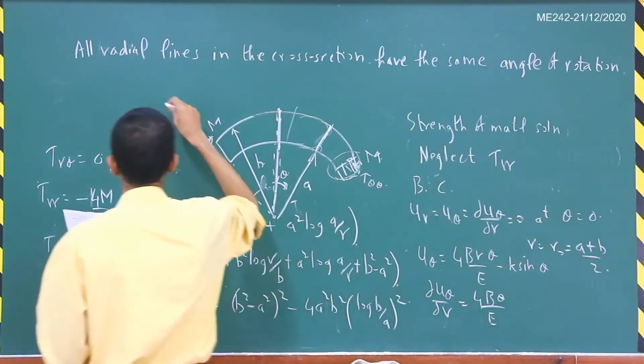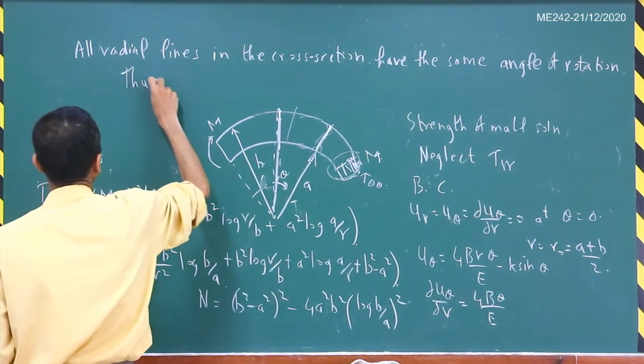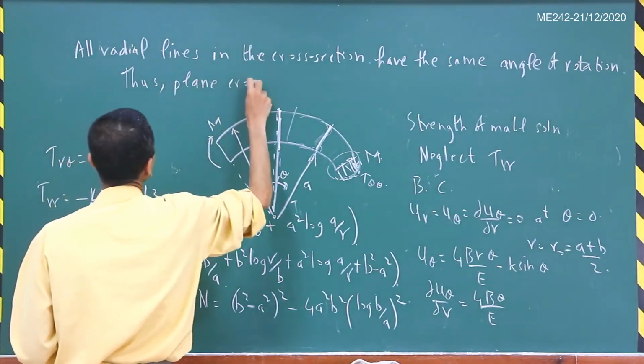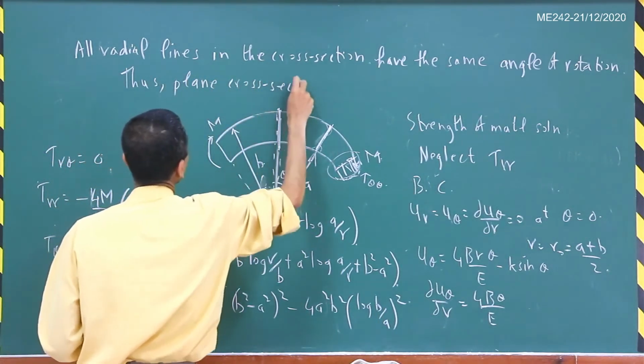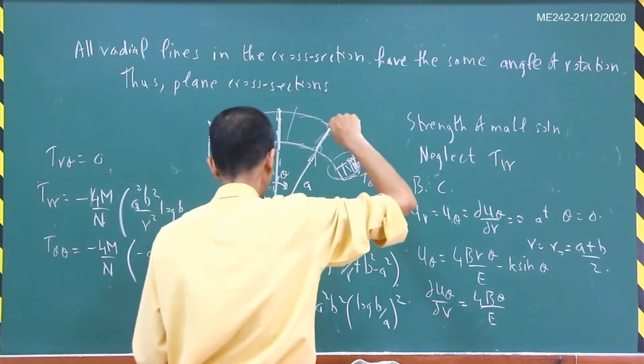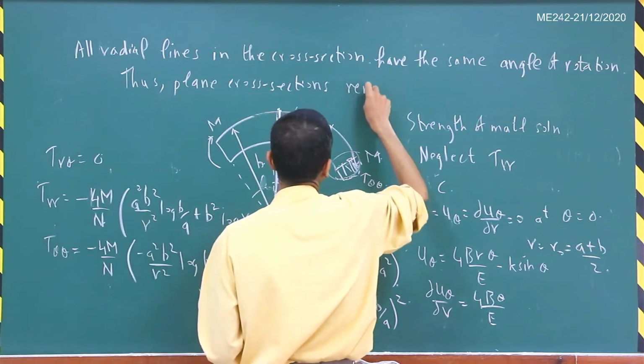Thus, plane cross sections remain plane after bending.